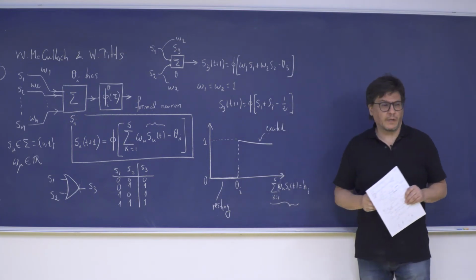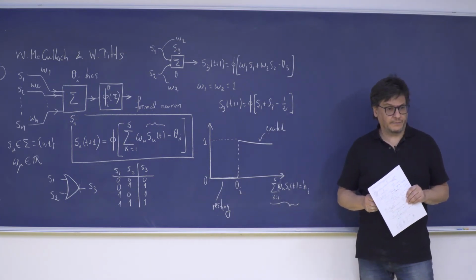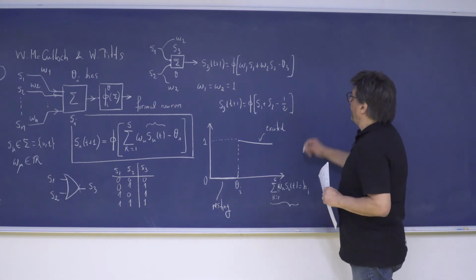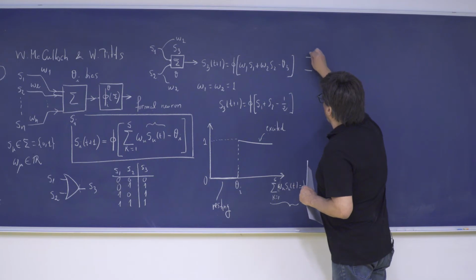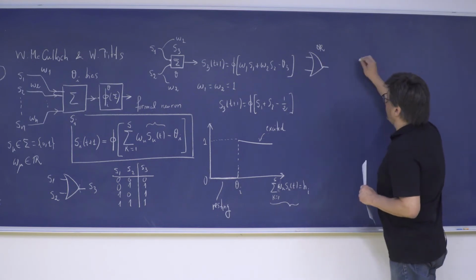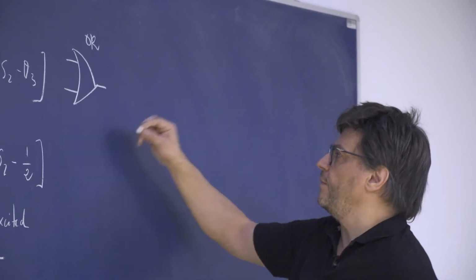How will you do an AND gate? It's easy. Let's just say very quickly, an AND gate, that could be a neural AND. You follow the same logic.